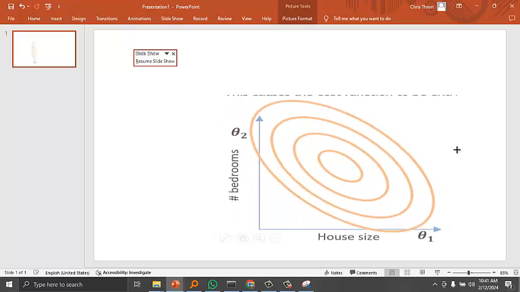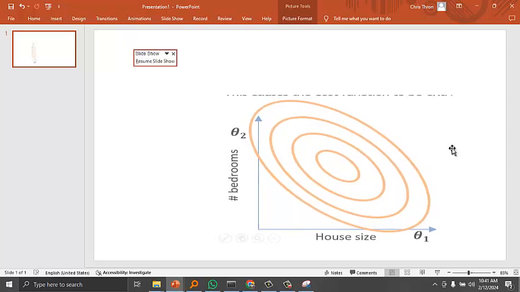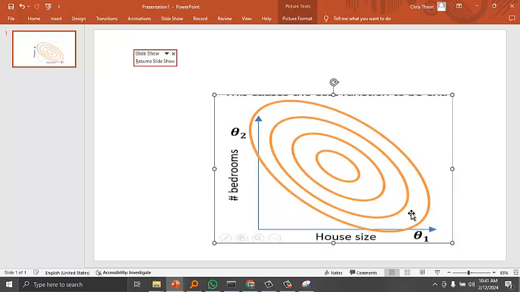Now, you can never make this circular. Feature scaling cannot correct for this correlation between theta 1 and theta 2. It can make it more round, but it cannot get rid of the correlation. For that, there's other methods.